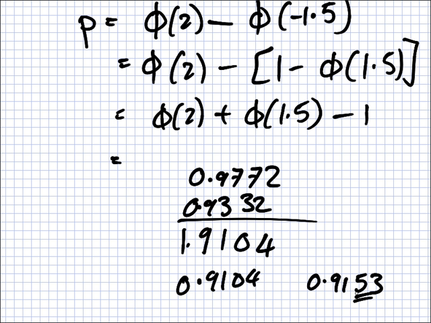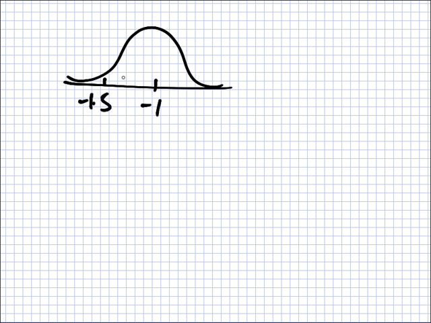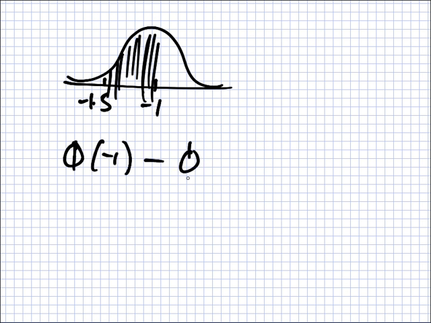12. For this one, it's between minus 1.5 and minus 1. So that's table book value of minus 1 minus table book value of minus 1.5.